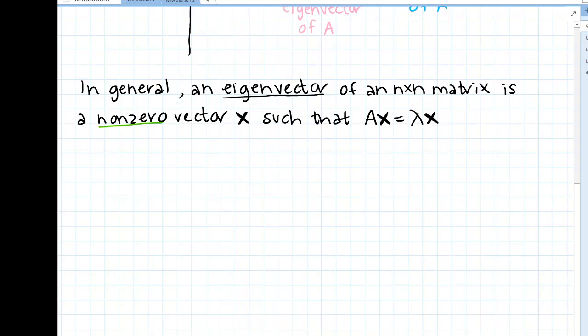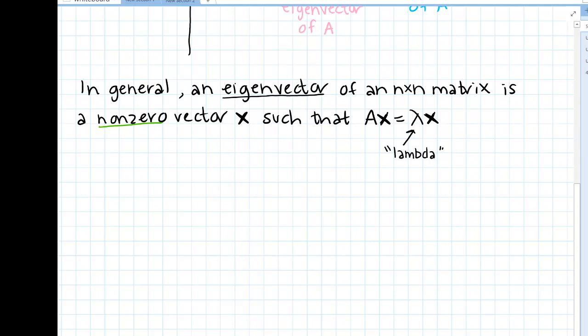The letter I just wrote is a Greek letter. It's pronounced lambda. It's spelled like this. And for whatever reason, that's the conventional letter that is used in this context. So we'll be using that a lot.